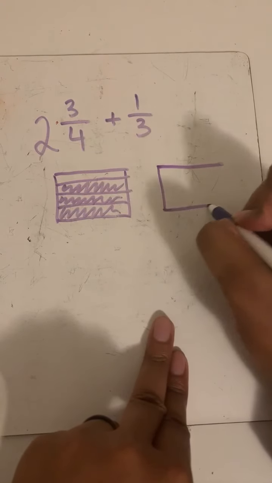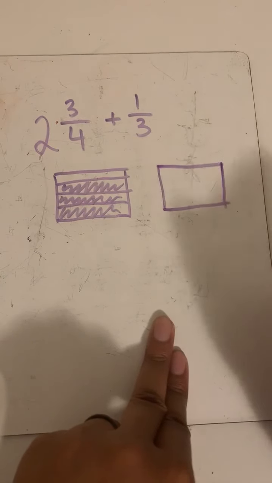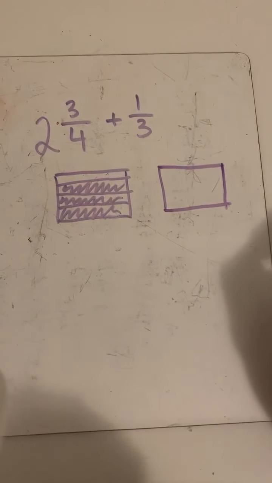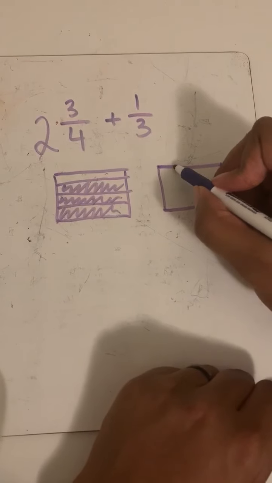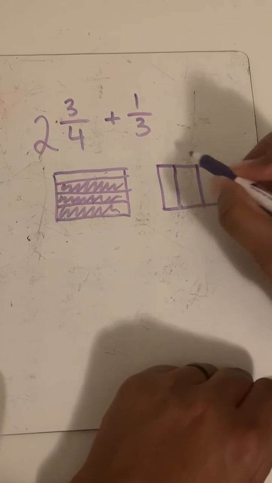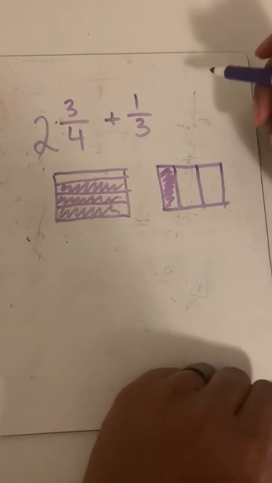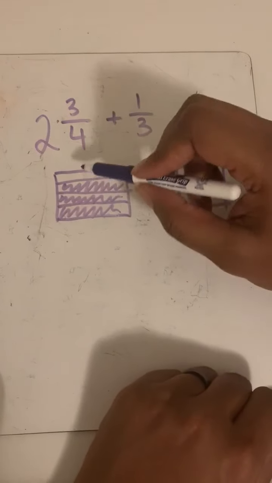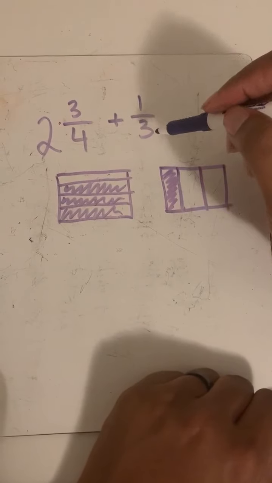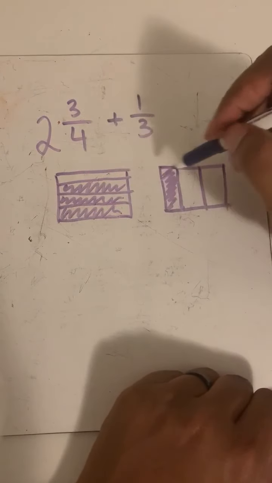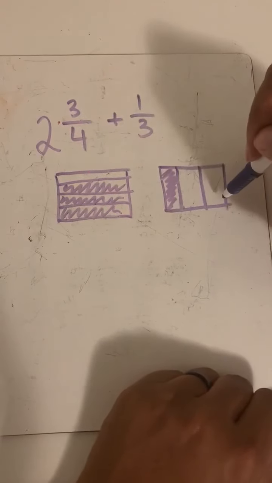Same thing as if you watched the video on Tuesday, and if you haven't, I encourage you to go back and watch it. Let's cut this into 3 parts. There's 1/3 right there. Now I have 3/4 and 1/3.